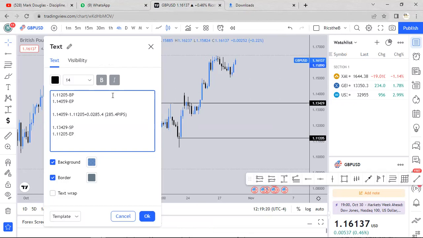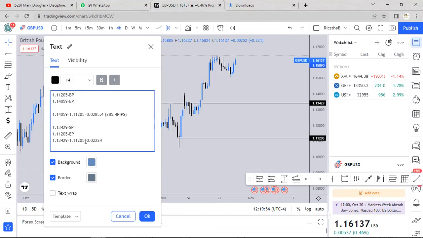That is 1.13429, then less 1.11205, and we have our answer, which should be 0.02224.